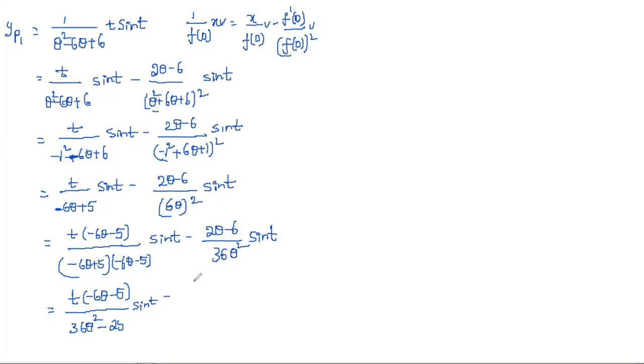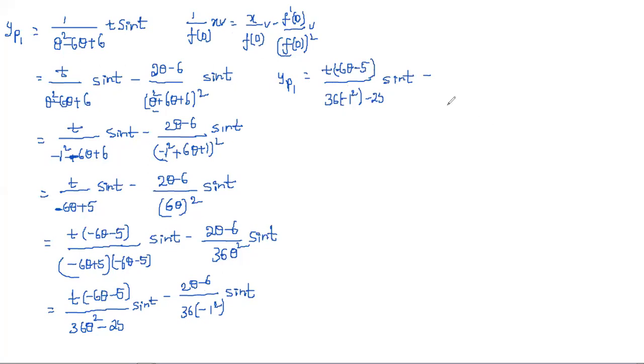And then minus 2 theta minus 6 by. So this is 36 into minus 1 square into sine t, and then yp1 is equal. So apply the second method: 36 into minus 1 square minus 25 into sine t, minus 6 into minus 1.